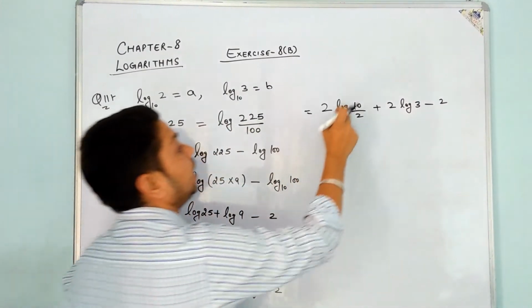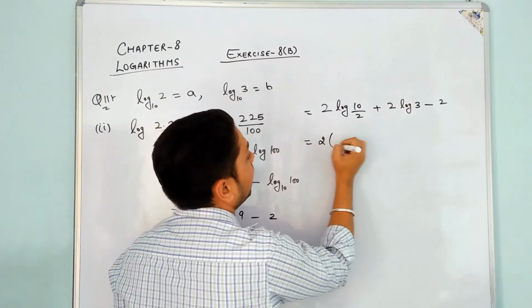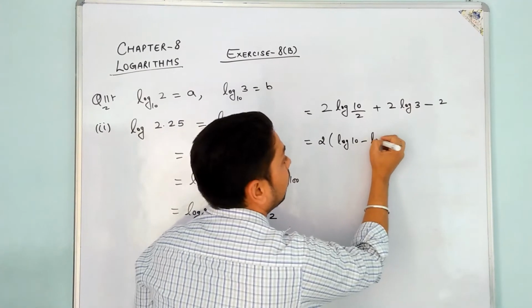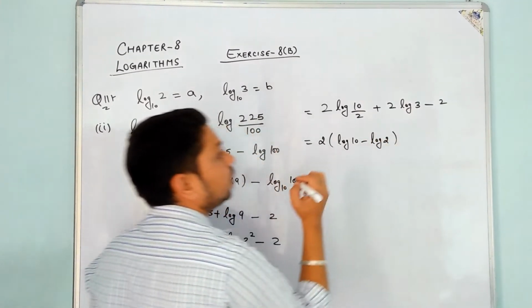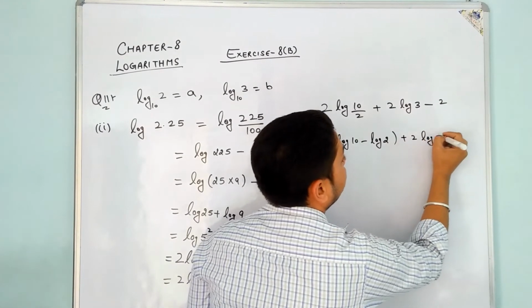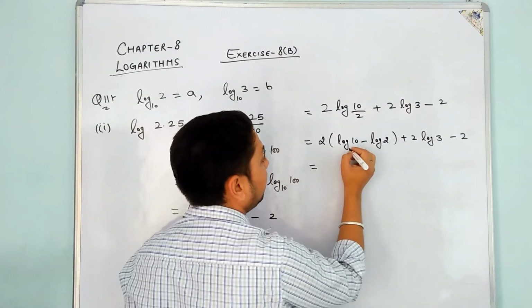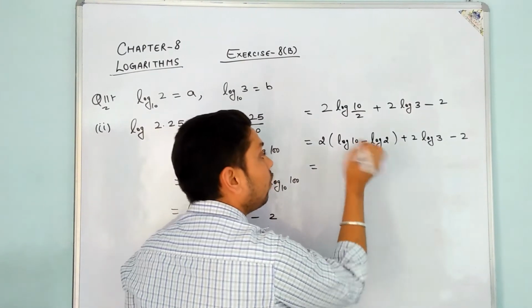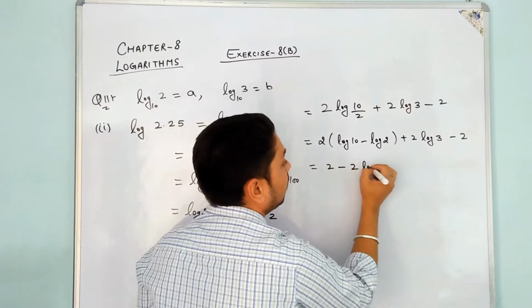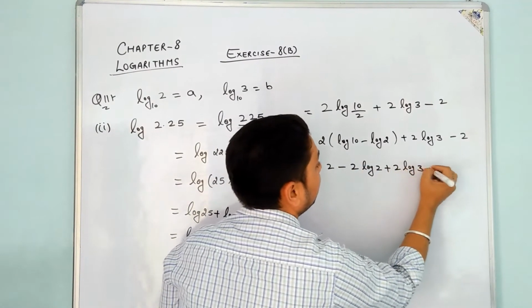Now again apply the property log of m over n. This will give you 2 times log of 10 minus log of 2, plus 2 log of 3 minus 2. Log of 10 with base 10 is equal to 1. So 2 minus 2 log 2 plus 2 log of 3 minus 2.